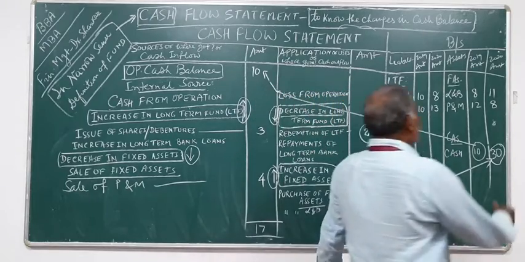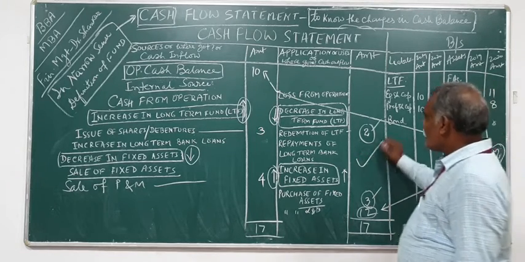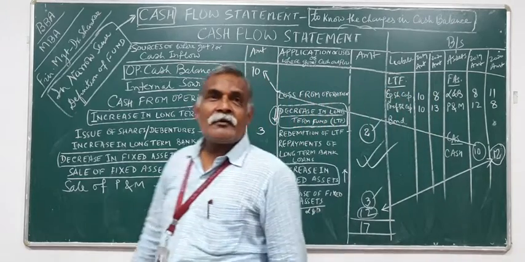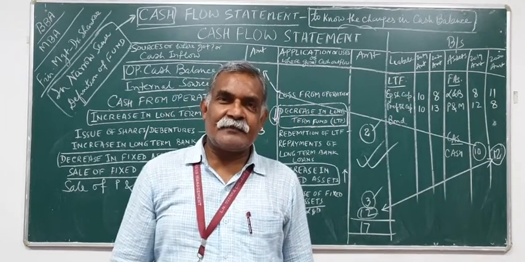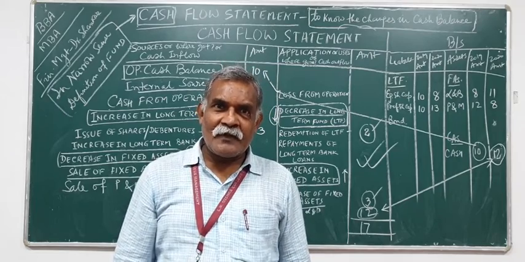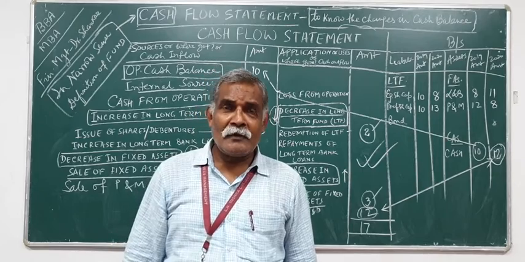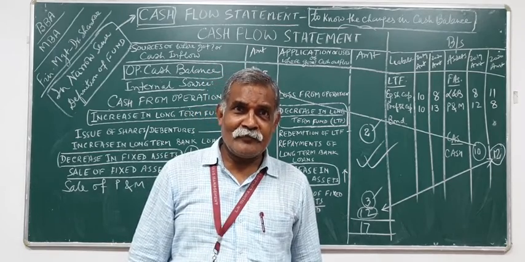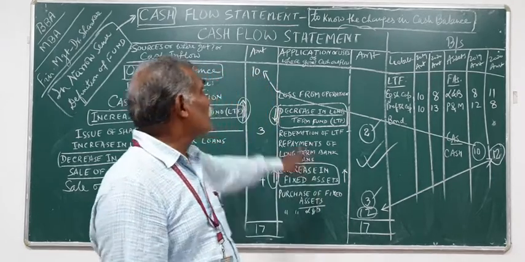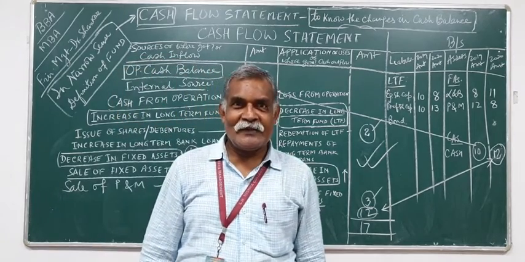But if this is 12, it means your solution is right, correct. You have answered correct. Is that clear? So this is all about your cash flow statement.